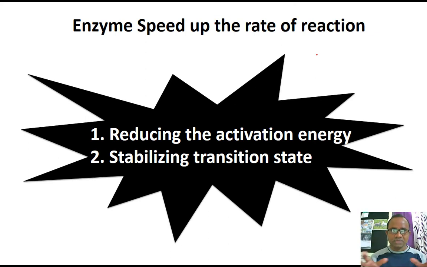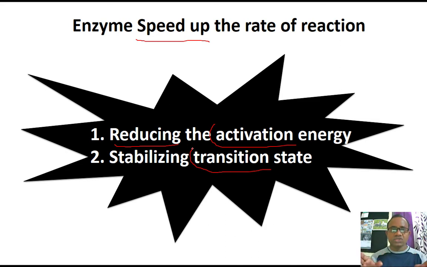So enzymes are biocatalysts, and they only speed up the rate of a chemical reaction. The enzyme will increase the speed. There are two ways by which it can speed up the rate of a reaction. First, they reduce the activation energy, and second, they stabilize the transition state.